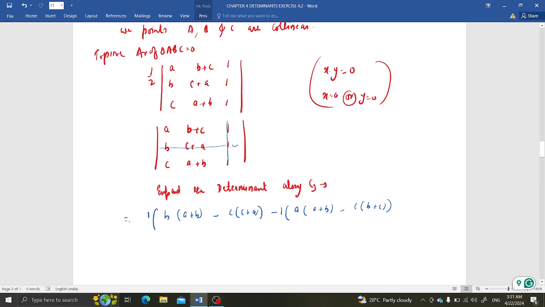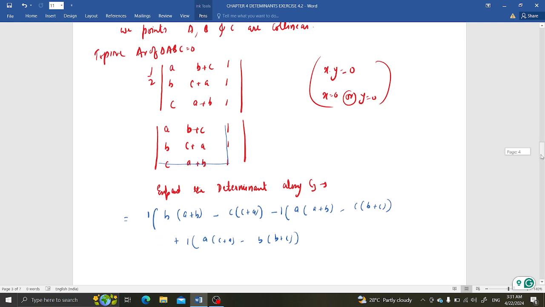After that, plus 1: I need to remove this row and this column. Here we get a into c plus a minus b into b plus c.